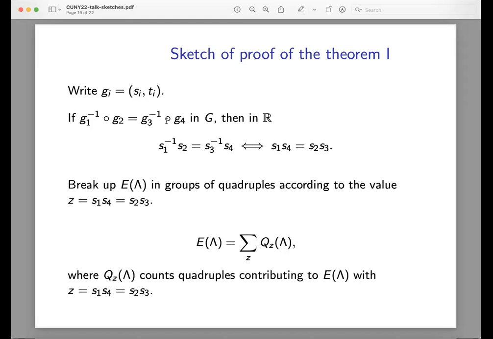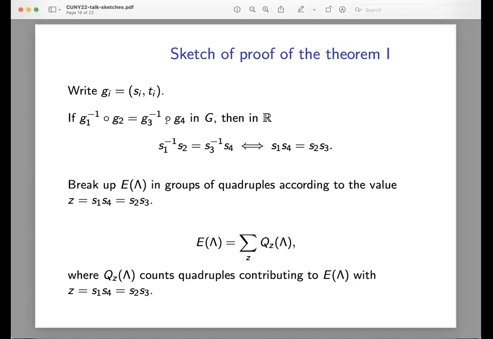So that means that if you have this sort of energy quadruple, then you get a multiplicative quadruple in the first component. So then what we do is we basically break up the energy according to which value these products S1 times S4 and S2 times S3 take. So for every quadruple G1, G2, G3, G4, S1 times S4 and S2 times S3 equal some number.